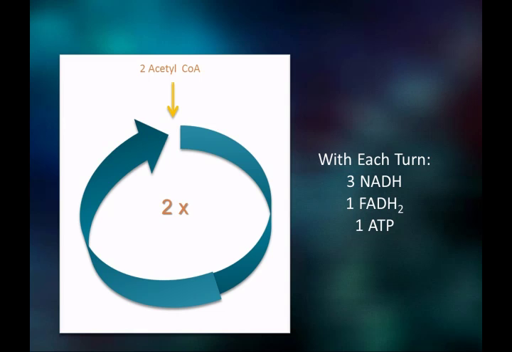Now, as a yield from the Krebs cycle, we receive 3 NADH in addition to those that we received previously with the intermediate phase. So each turn, we're going to end up with a total of 6 NADH, 1 FADH2 for each turn, so a total of 2 FADH2s, and 1 ATP molecule for a total of 2 of those.